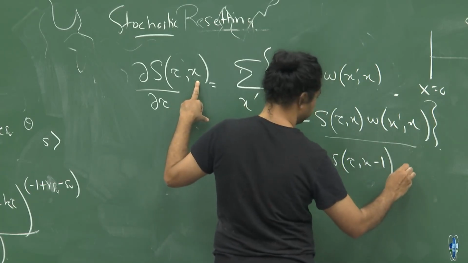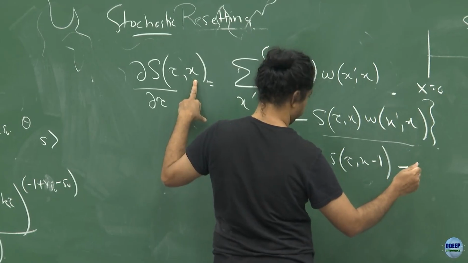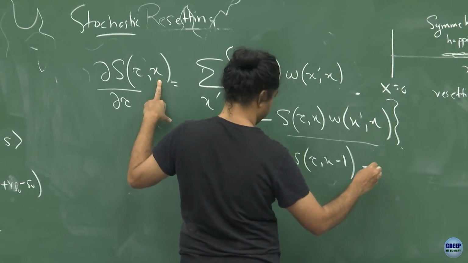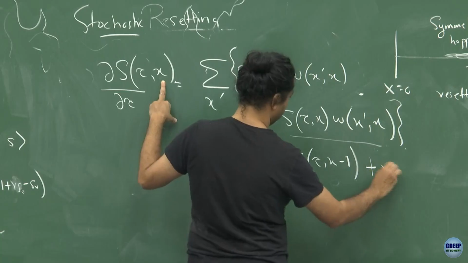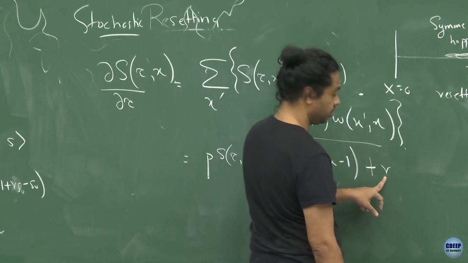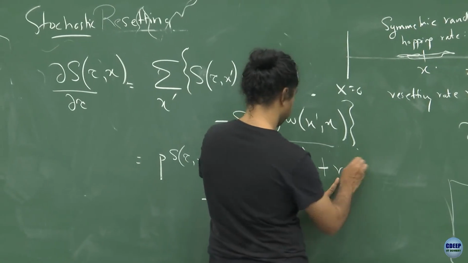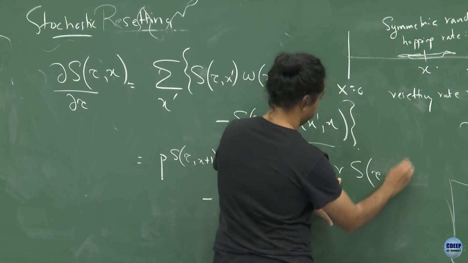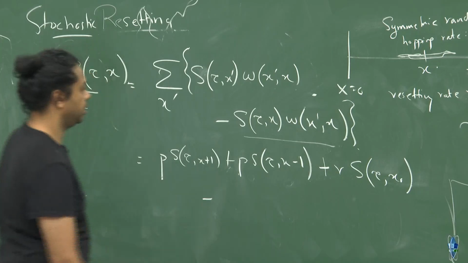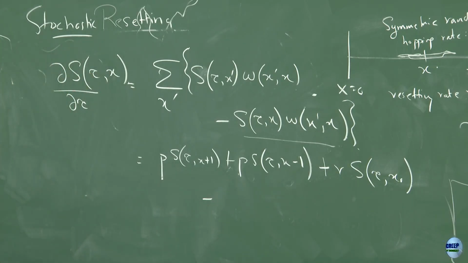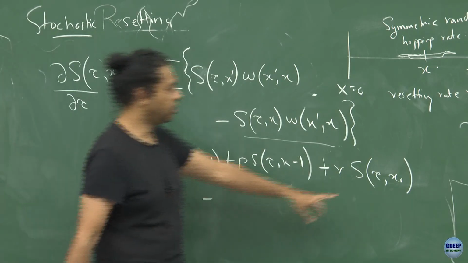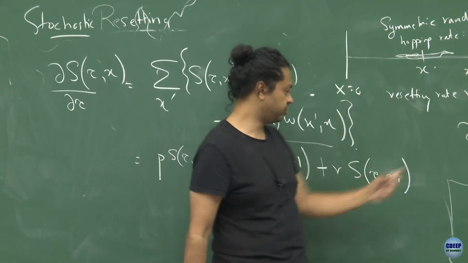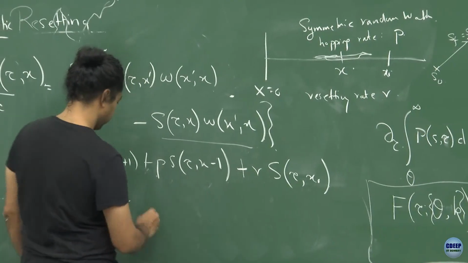So what is the resetting term? R times S of x naught, because you could have gone to the resetting position x naught with a rate r. And what would you have here?